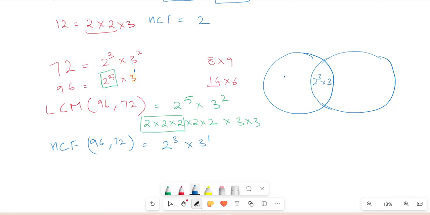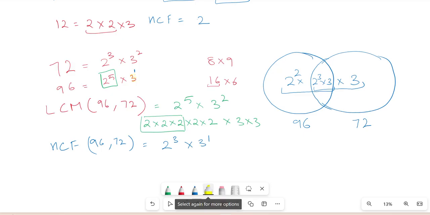And here I write 2 square. This is the factor circle for 96 and this is the factor circle for 72. Here I multiply with 3. So these are the factors for 72 and these are the factors for 96. The common area, whatever I am writing, is my HCF. And if I multiply all the factors, taking the common ones only once, it will be the LCM.